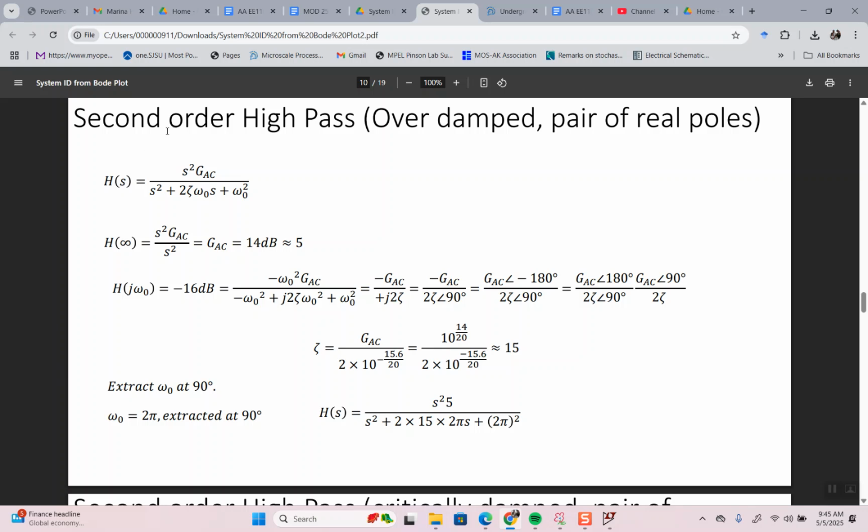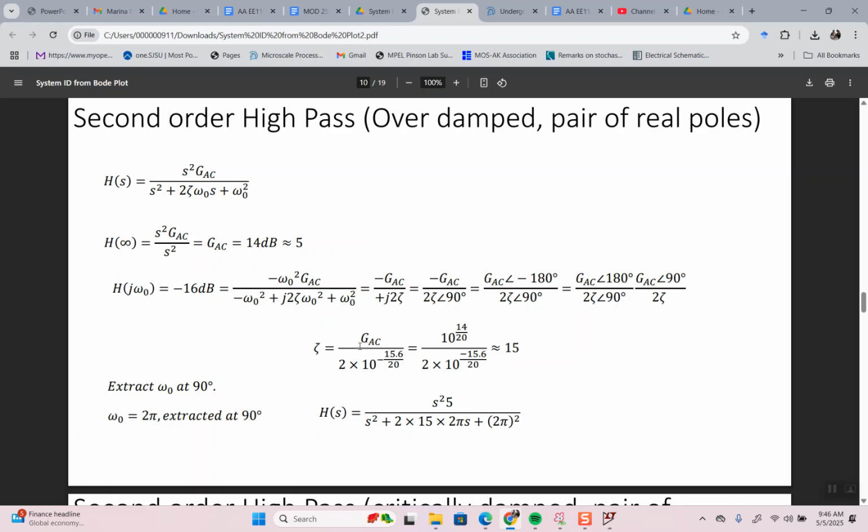So at the frequency equals infinity, 14 dB leads to a linear gain of 5. What is the gain at j omega naught? Again, you work through the math, right? And you'll see that we're extracting at 90, right?